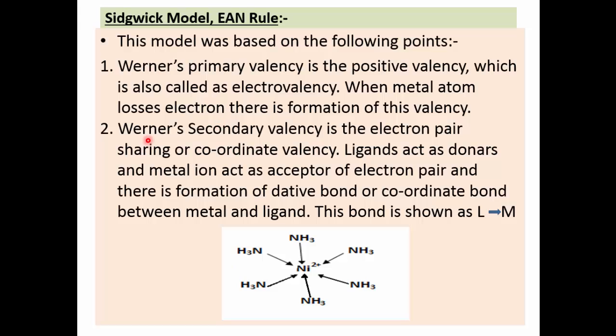Second one, Werner's secondary valency is the electron pair sharing or coordinate valency. We know that in the formation of a coordination compound, a metal complex, the ligand acts as donor and the metal ion acts as acceptor of the electron pair, and there is formation of a dative bond or coordinate bond between metal and ligand.